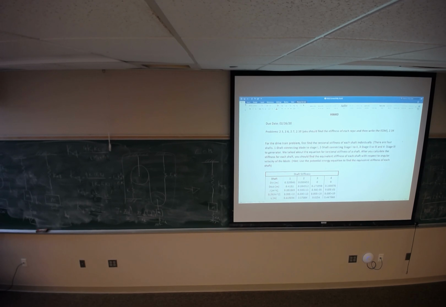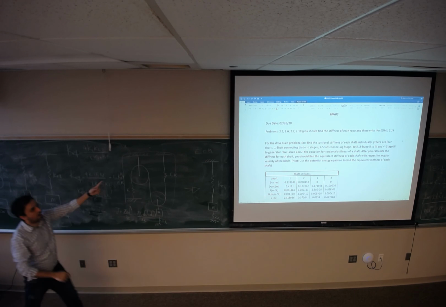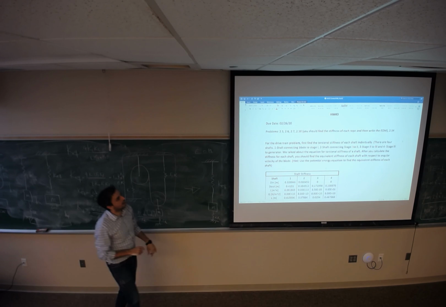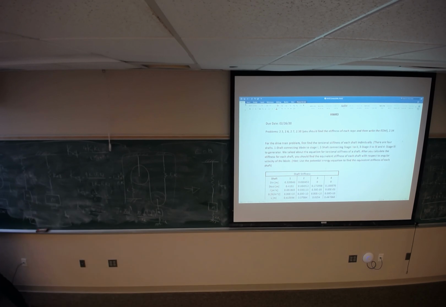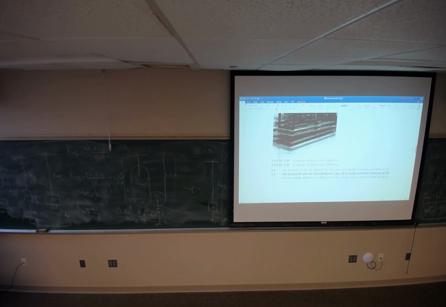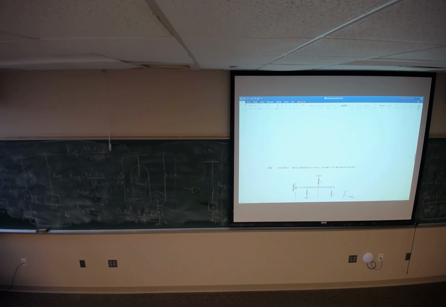Yes, 1, 2, 3, 4, 5, 6 problems. 5 up there, and this one is 6. For this homework, I provided the problem descriptions. I copied them: 2.5, 2.6, 2.10, and 2.14.